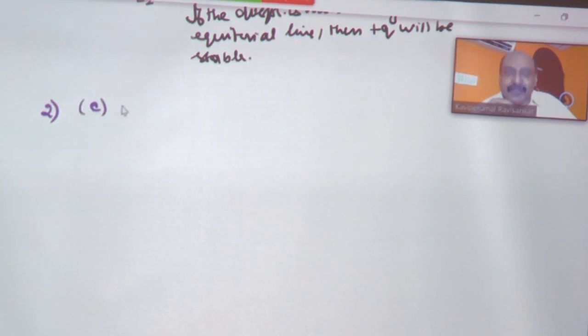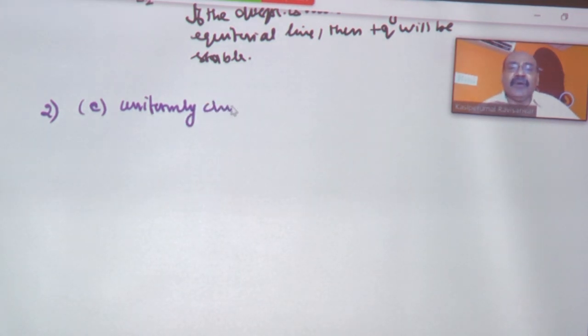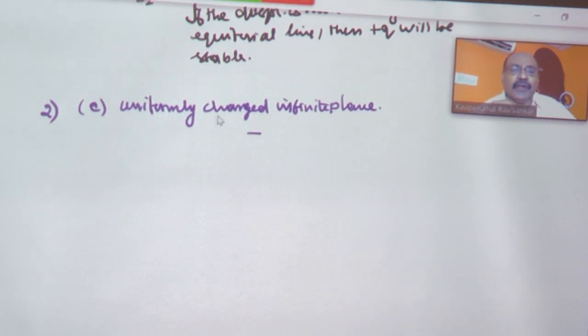That is, if you consider a uniformly charged infinite plane, then you can get a uniform electric field.